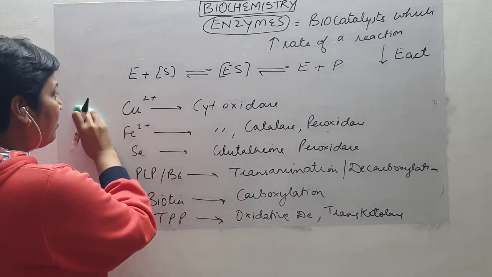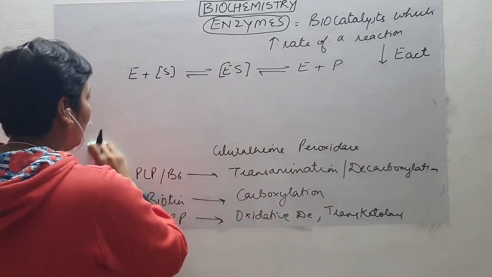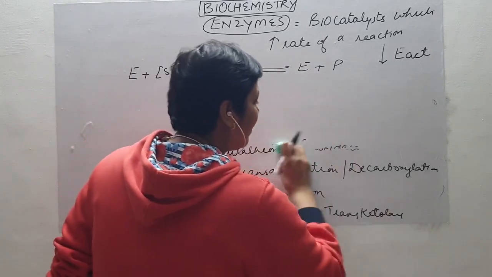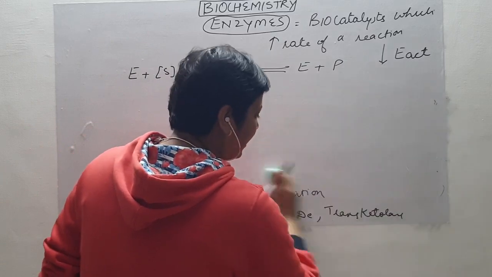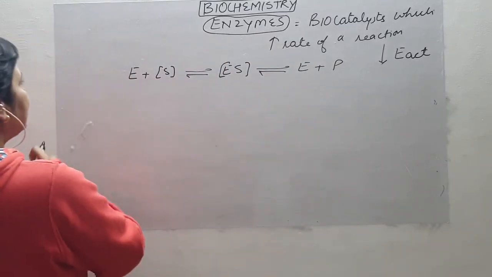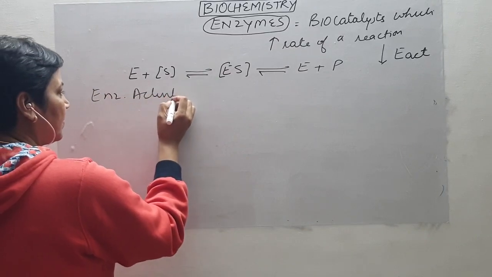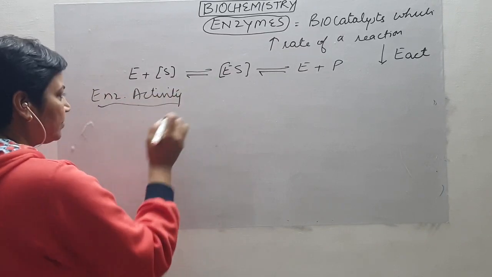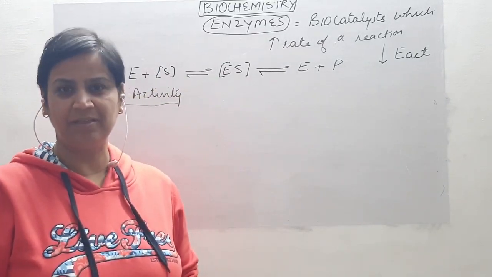Then another important segment is, what do you mean by the activity of the enzyme or enzyme activity? Now see, it is clear from the word itself how active an enzyme is.